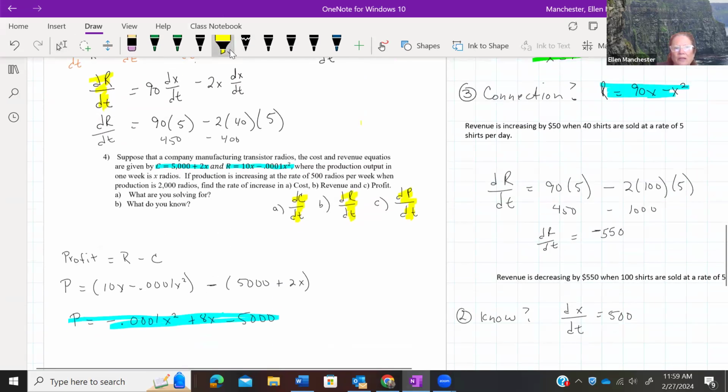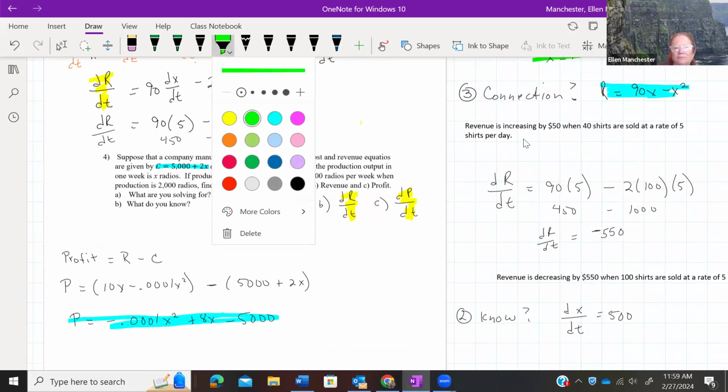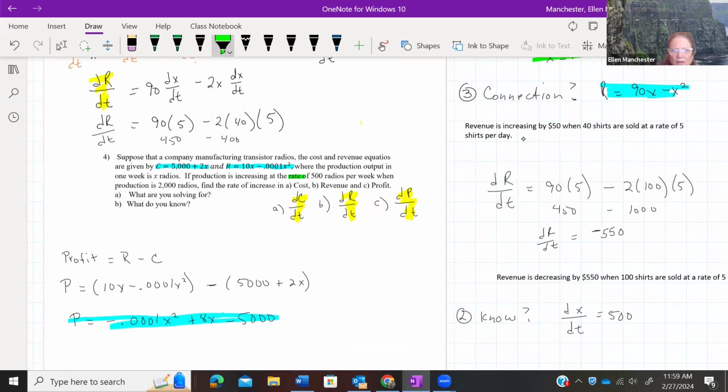I always forget what color I used. Rate of 500. And then the production is 2,000 radios. So our radios is going to be 2,000. And that's why you have to notice what the variables represent, because it's a giveaway to how to set these up.